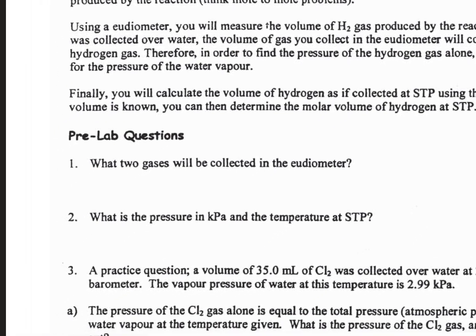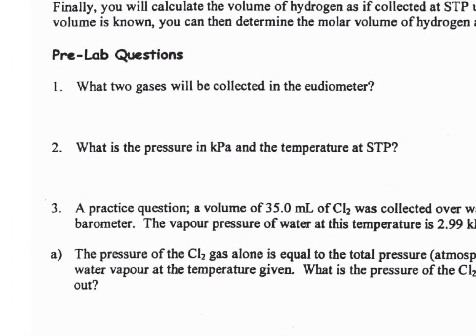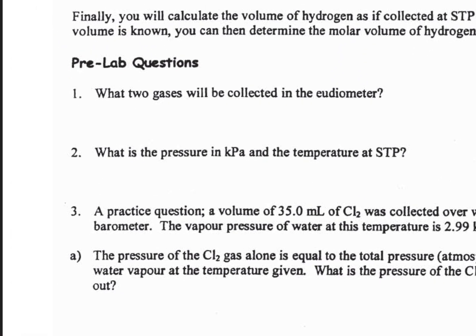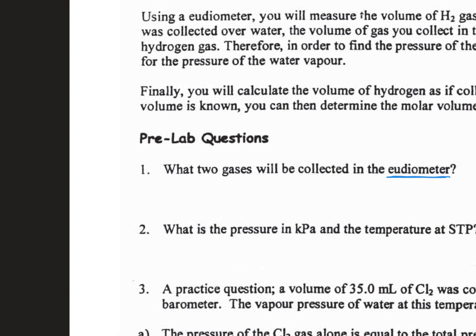What are the questions here? Okay, now when you watch this video, and by the way, a eudiometer is just a fancy name for the gas collection tube that was used in the video. So, eudiometer, no big deal. What are the two gases that are collected in the eudiometer? Well, the first one that we can mention is hydrogen gas.